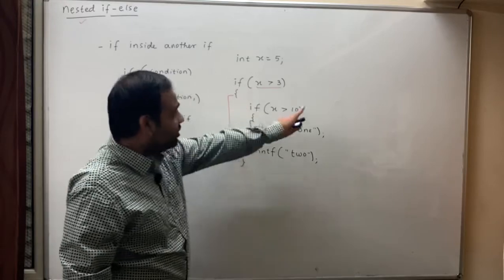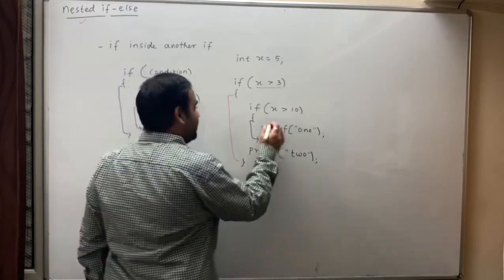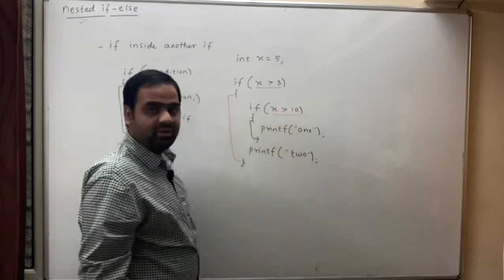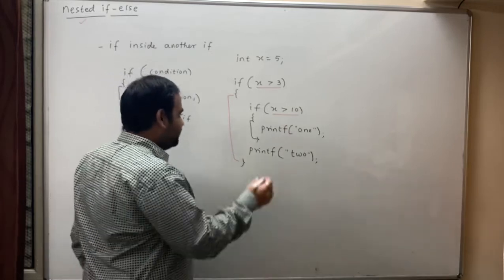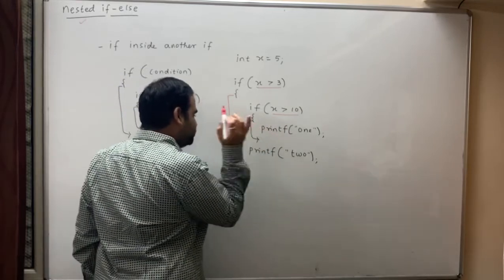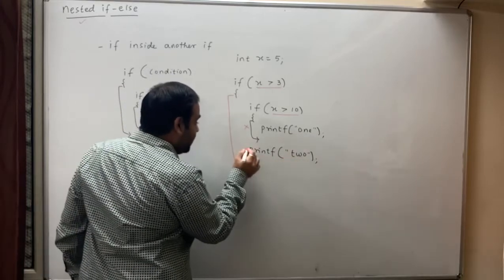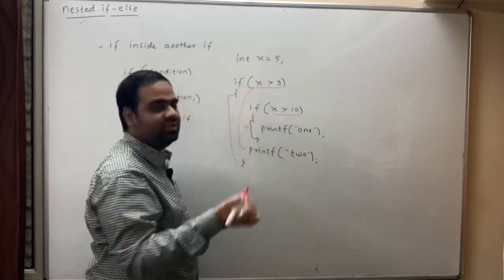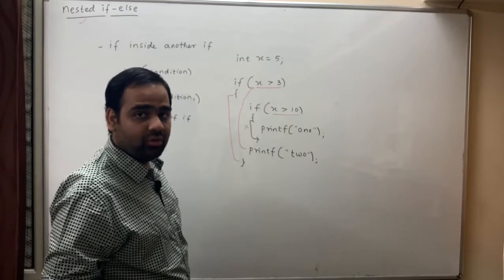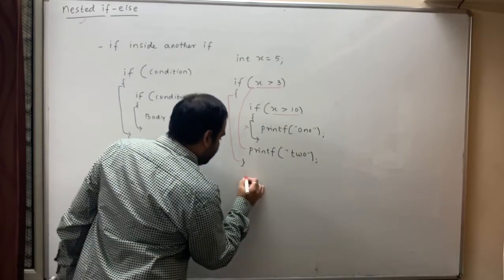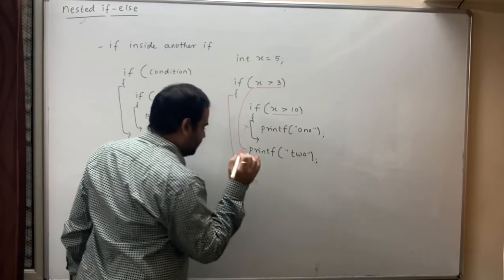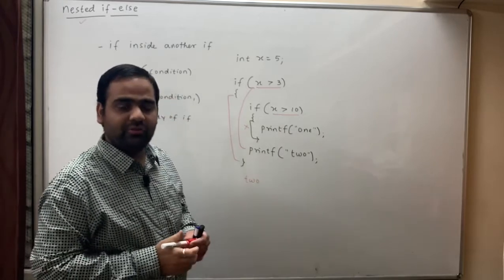Therefore again it sees a condition: 5 greater than 10. 5 greater than 10 is false. That means this body of if should be skipped. It doesn't evaluate, but this printf 2 is associated with the outer if. Therefore the output for this question is 2.